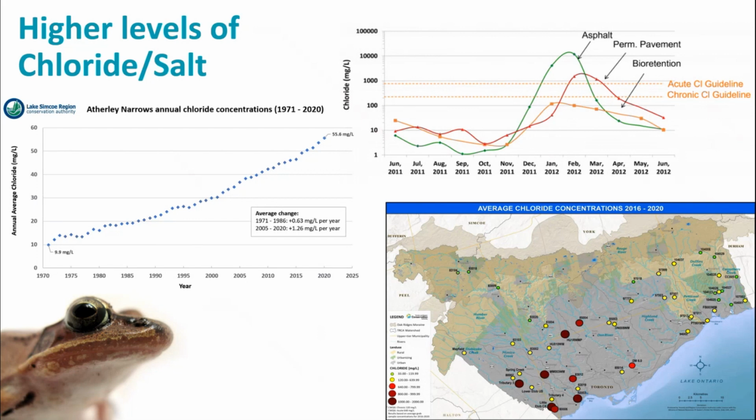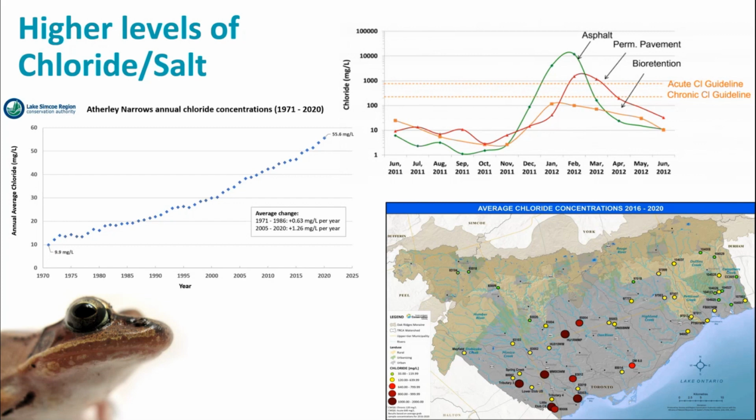The graph, though, on the top right shows research that was conducted by our Sustainable Technologies Evaluation Program group, comparing chloride level discharges between typical asphalt driveways and roadways and two commonly used low impact development practices, being permeable pavement and bioretention.